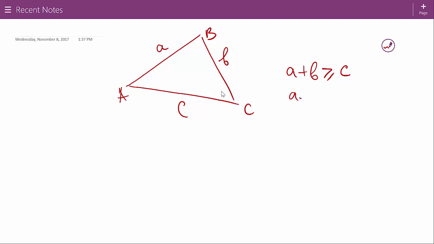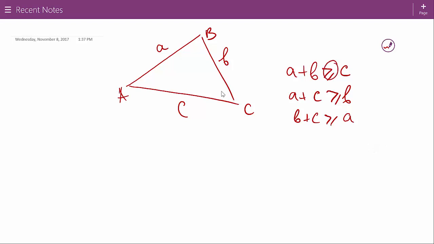If I take a plus c, it's going to be greater than or equal to b. If I take b plus c, it's going to be greater than or equal to a. So that's the triangle inequality: in a triangle, the sum of 2 sides is always greater than or equal to the third side. Now, why do we have an equal sign?